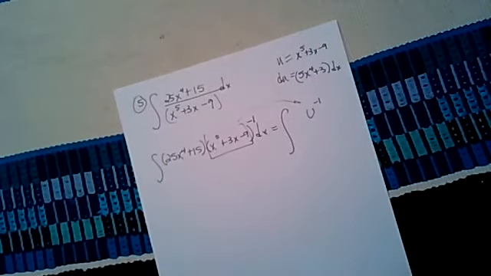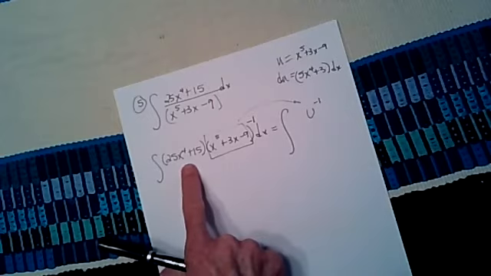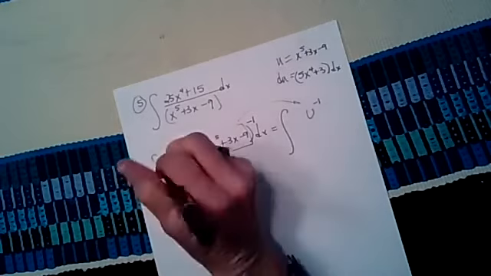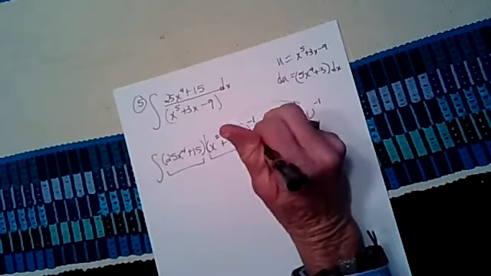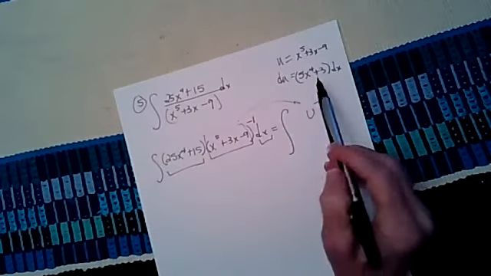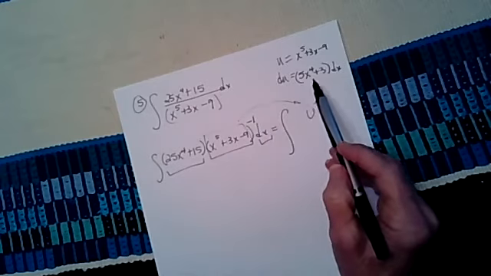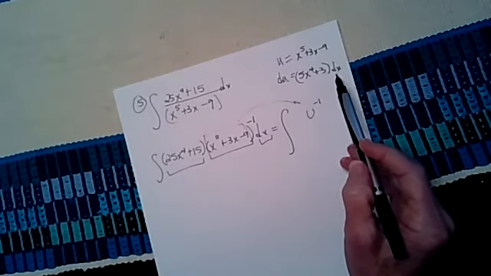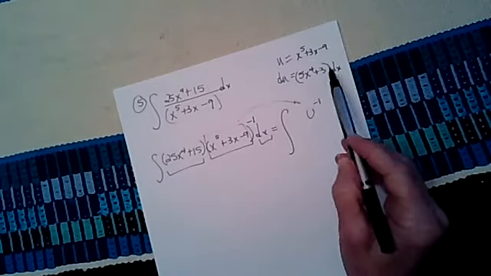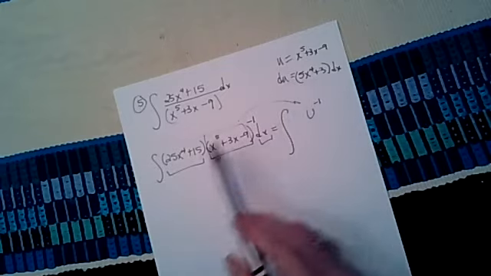And I have 25x to the 4th plus 15 dx. But look, I have 5x to the 4th plus 3 dx. I have to make these match.